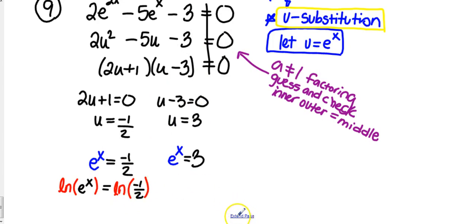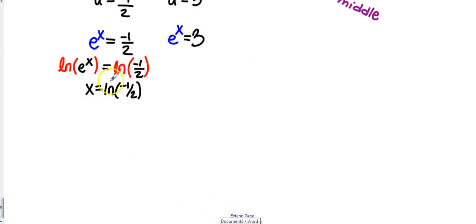Natural log of e cancels, leaving behind x equals natural log of negative 1/2. We can never take the log of a negative. So when you type this into your calculator, you should get an error message that says no solution or error. So we cross this out, even though it is technically an algebraic answer we get, it does not exist.